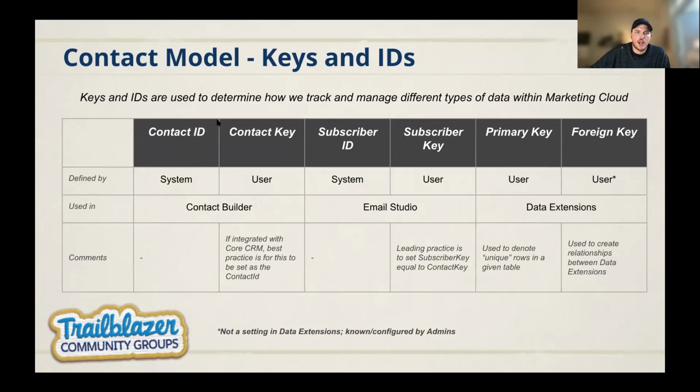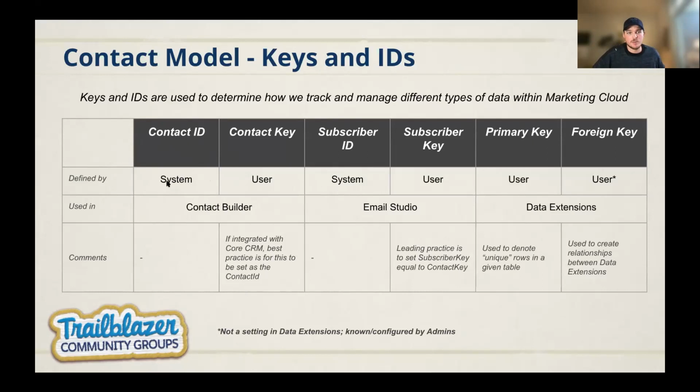So that's true for contact ID, that's true for subscriber ID. These are basically system generated primary keys, not to confuse it further with a generic primary key, but these are system generated primary keys that are really used on the back end to keep track of overall contacts and the overall subscribers and channels that they belong to.